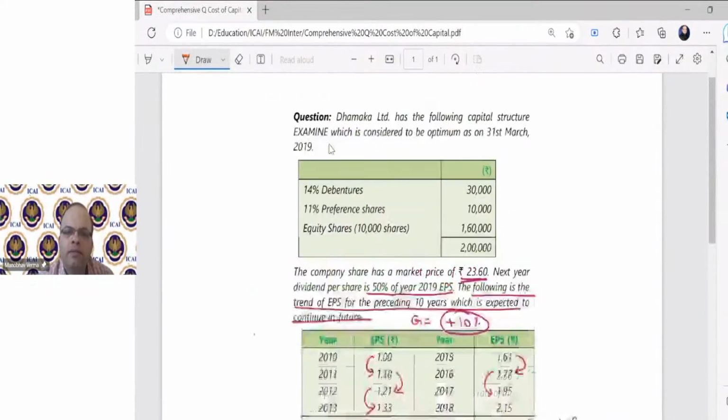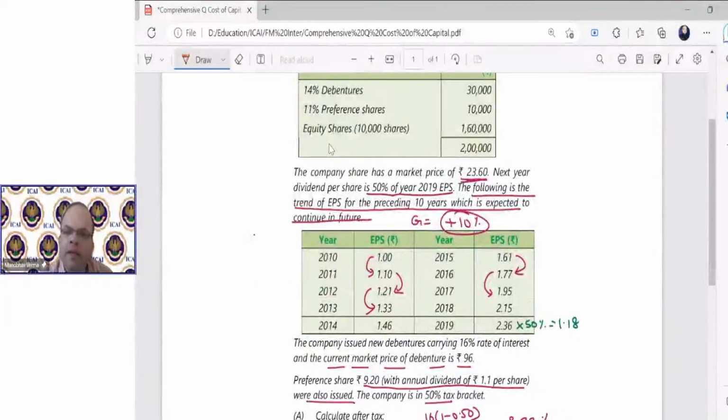Can anyone tell me what will be the retained earnings for 2019? See, they're giving you retained earnings of 2.36, right?